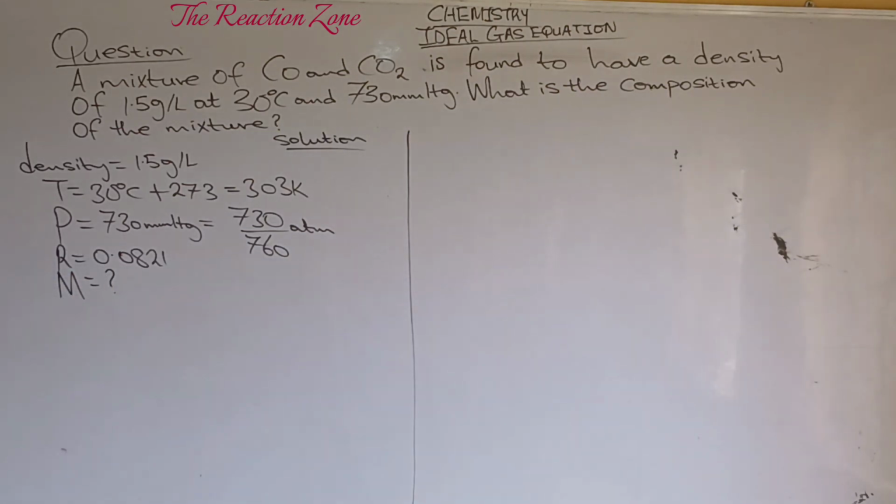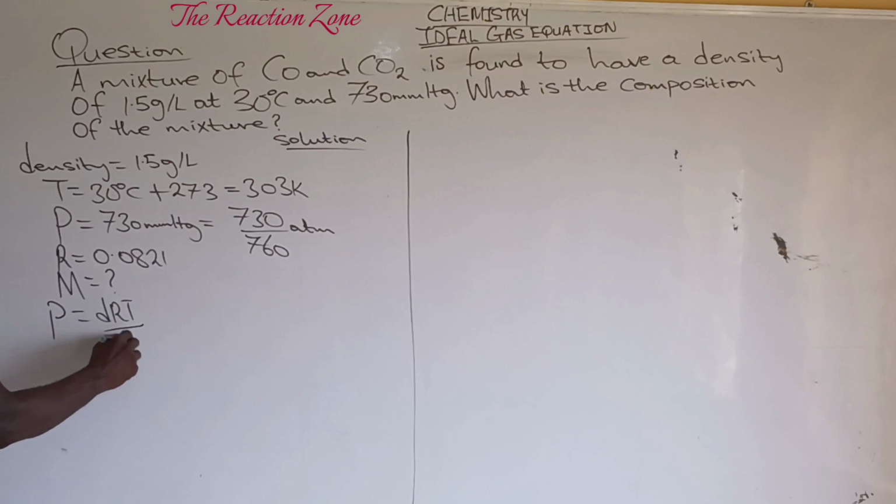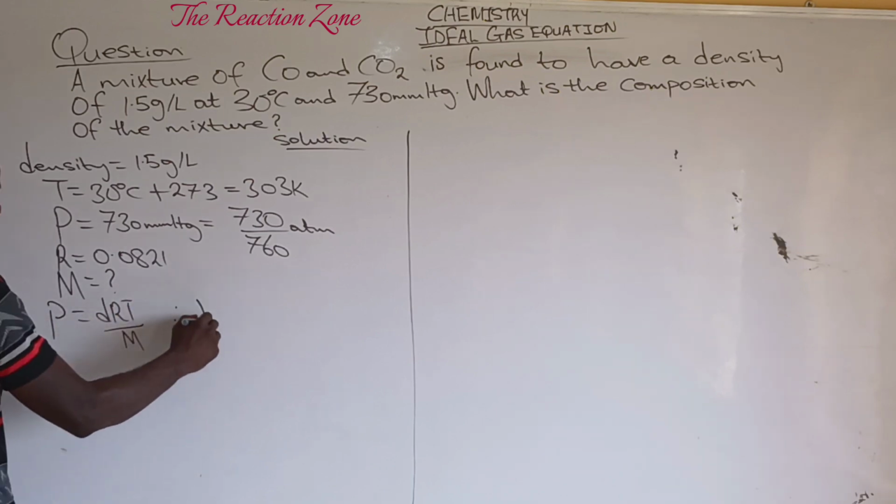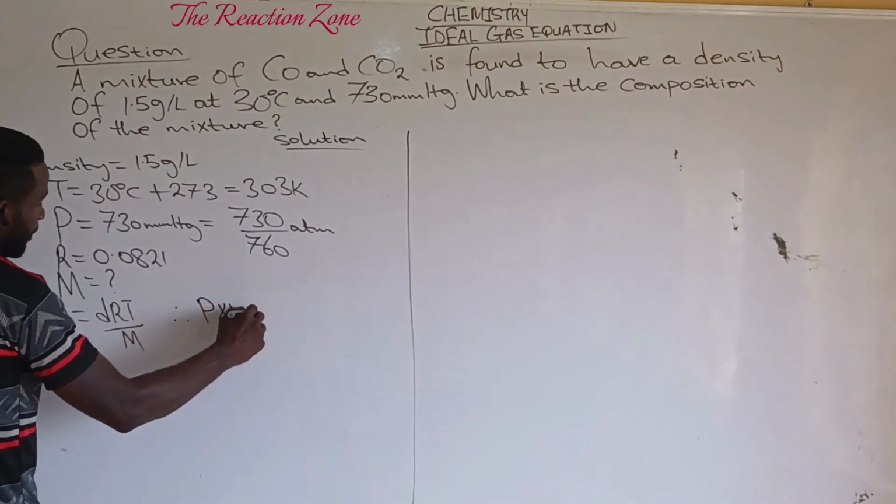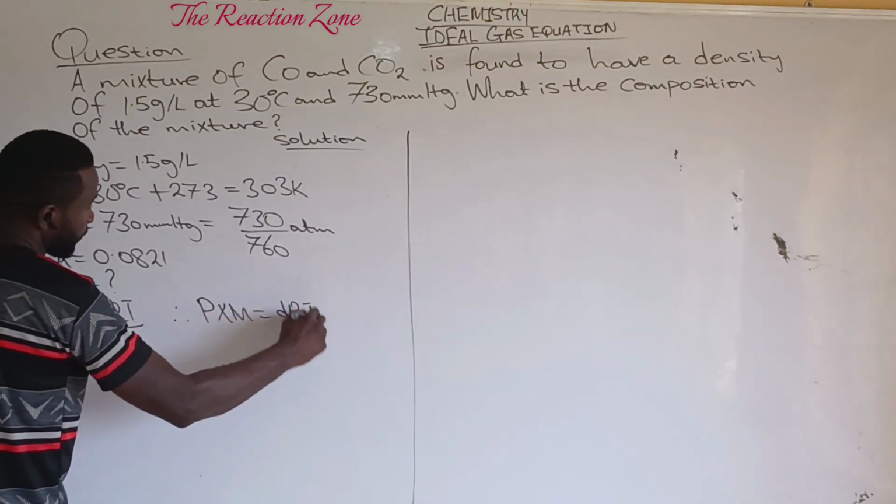Now, the equation that relates these parameters together is P is equal to nRT over N. This therefore means that if we cross multiply, we have P times N is equal to nRT.